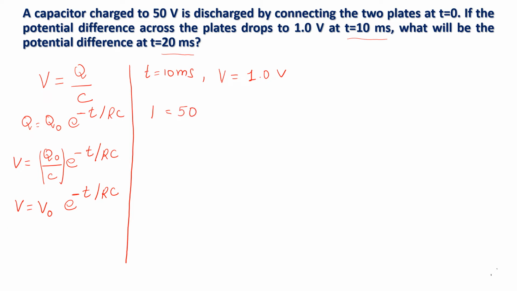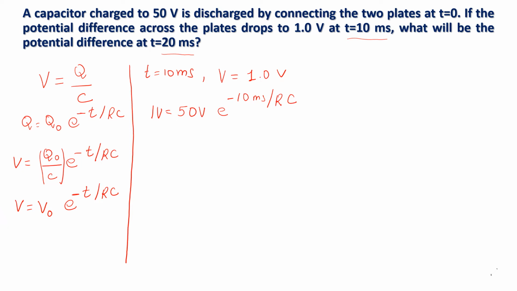The remaining you substitute as such: e power minus 10 millisecond divided by R and C, which we don't know, so keep R and C like that.